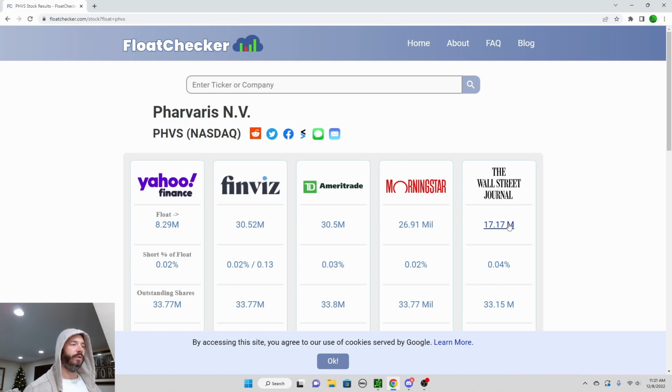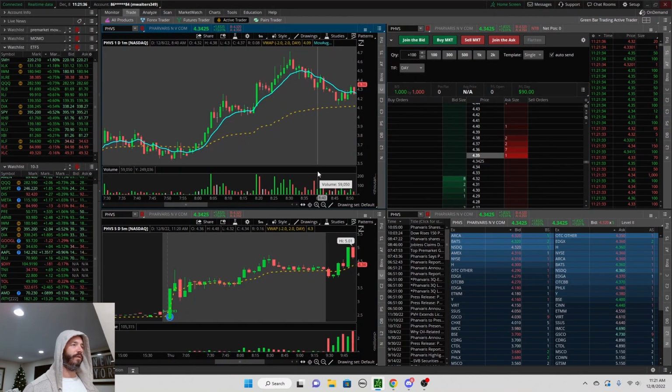The Wall Street Journal has it at 17. So the float is good. That's totally fine. That's not really that high of a float. I would like it lower, but that's still okay to give us some nice moves, especially on a low price stock. So that was totally fine.